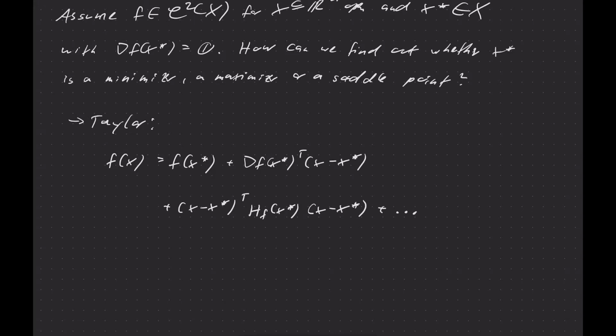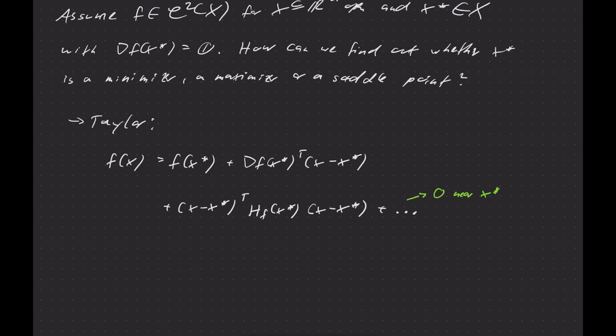So those involve x minus x star to some third degree. And what we know is these terms of higher order are close to zero if we are near x star.